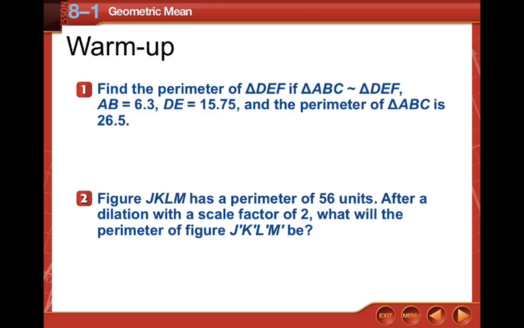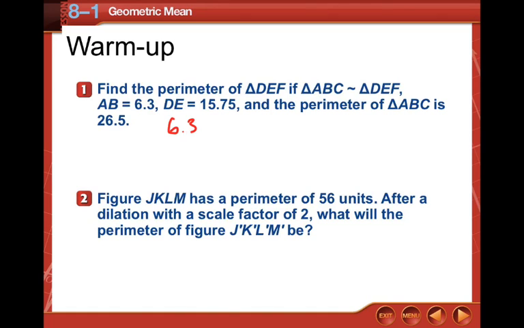Number one, we need to find the perimeter of triangle DEF if triangle ABC is similar to triangle DEF. AB is 6.3, DE is 15.75, and the perimeter of triangle ABC is 26.5. Since we are dealing with just perimeter, we can set up a proportion, and since we have AB and DE, those are our corresponding sides of our two triangles, so we can set those up in one of our two ratios.